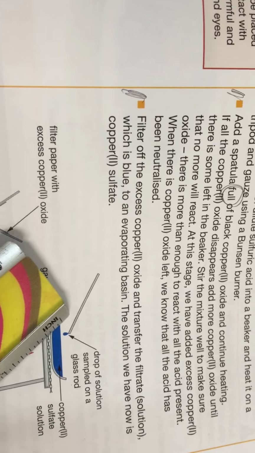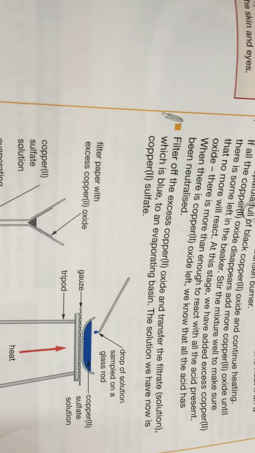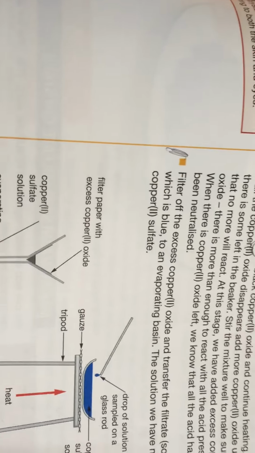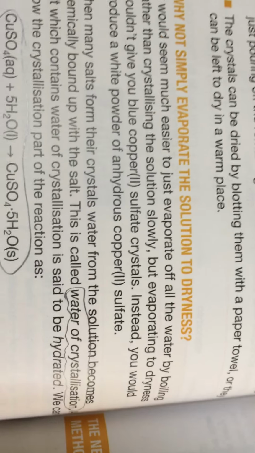When the drop changes into solid, I'll stop heating directly. Because if I continue heating, I'll remove all the water. It will be anhydrous, without water, so it will be just copper sulfate powder. But if I want copper sulfate crystal, I use gentle heating to keep the water of crystallization.